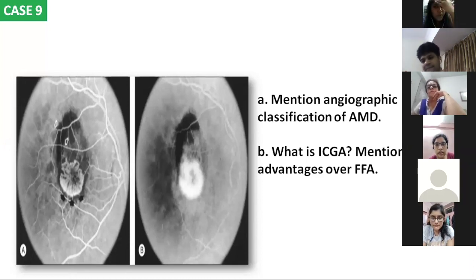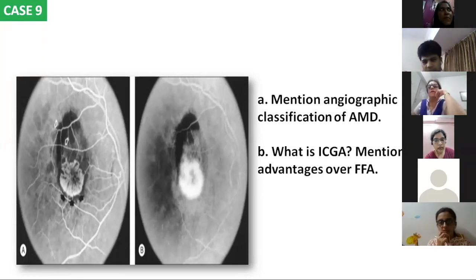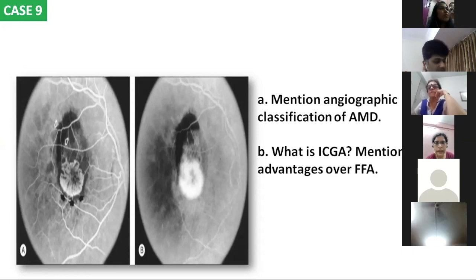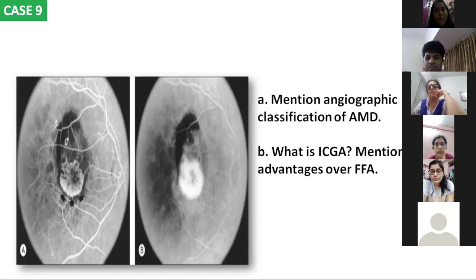What is ICGA? Mention 2 advantages of ICGA over FFA. ICGA, the long form. Indocyanine green angiography.